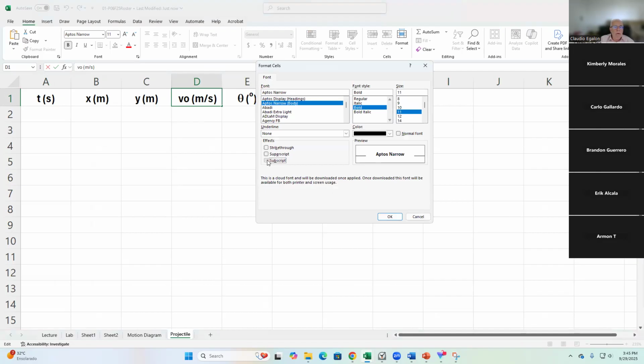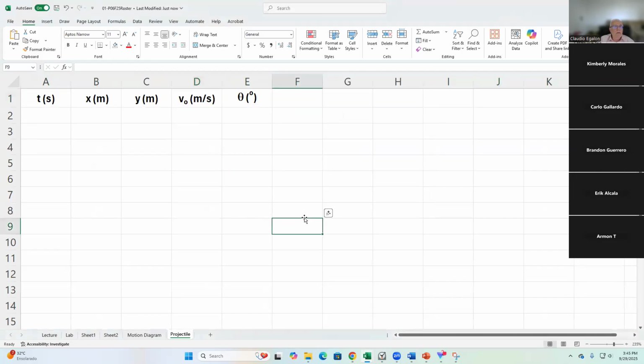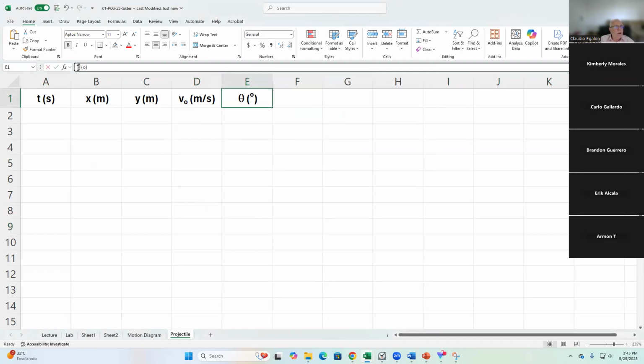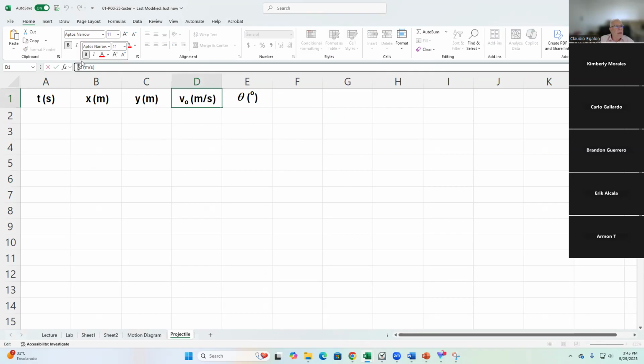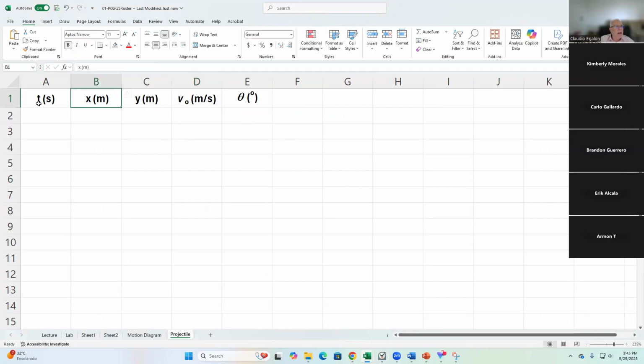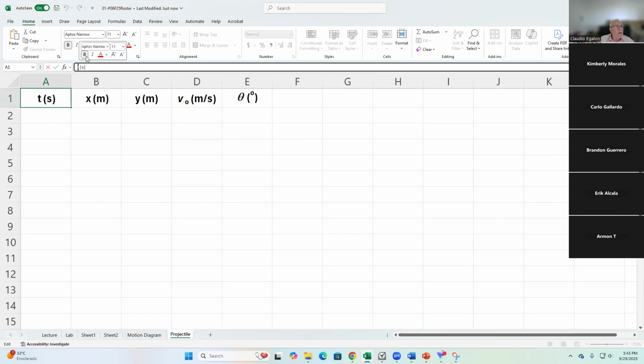Make it look good, professional looking. Let's italicize the theta. Let's italicize V. Let's italicize the other parameters.